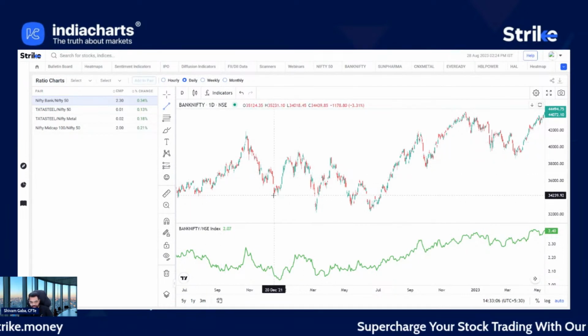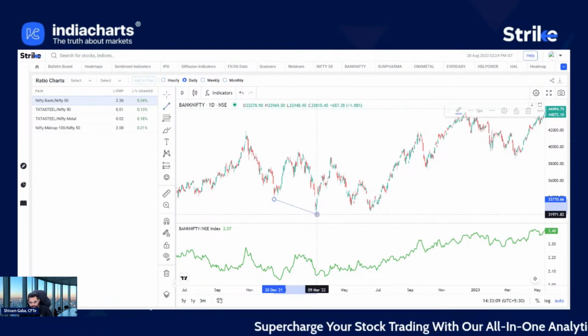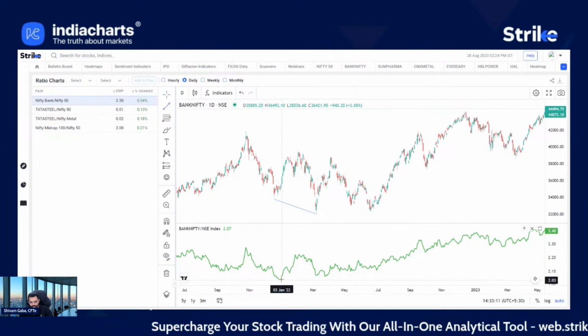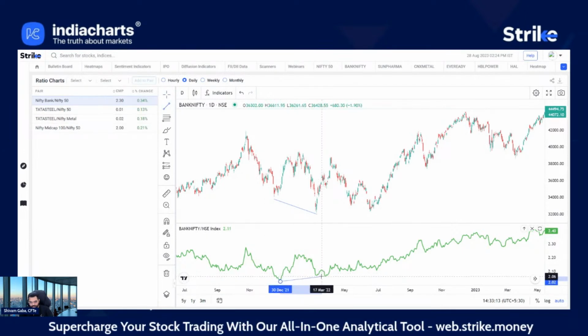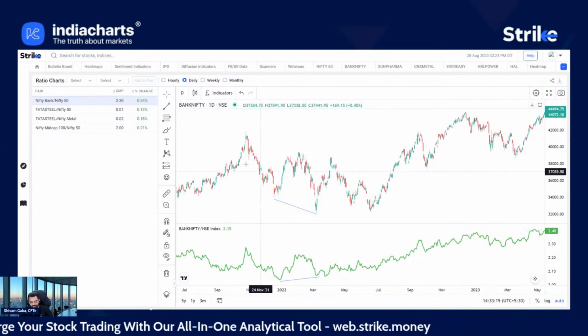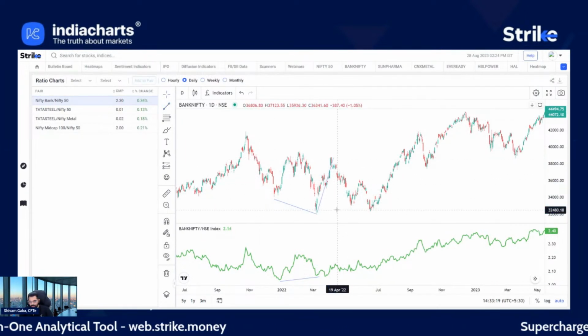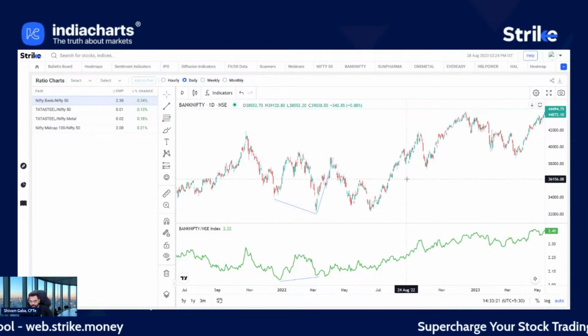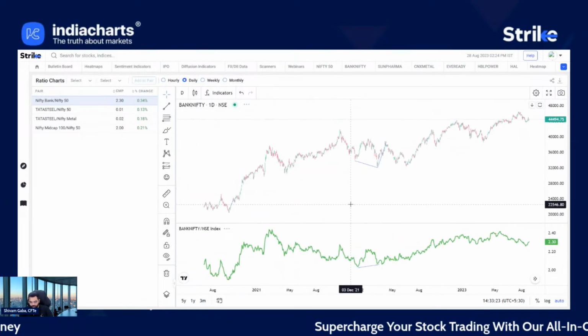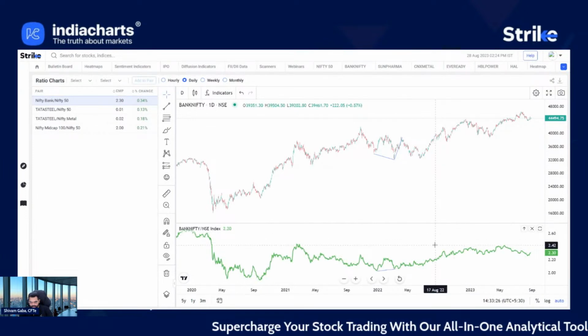So you can see here, Bank Nifty made a new low, but relative to Nifty, it made a higher low. So it was a divergence, and then you can see it resulted in a very good amount of bounce in the index, right? So similarly, you can also look for various supports and resistance in the ratio itself.